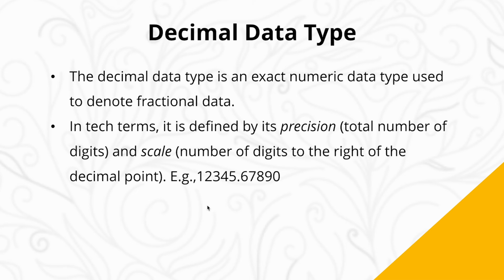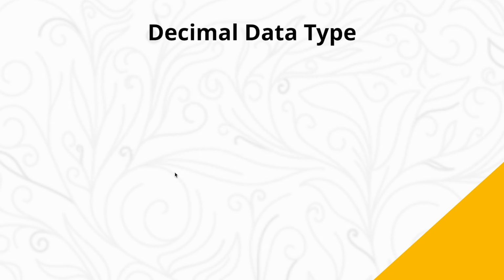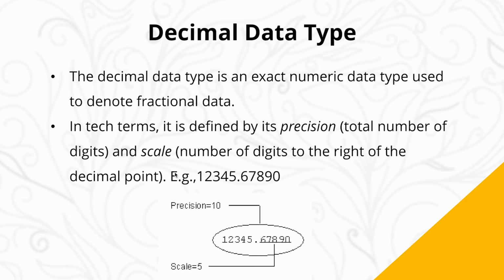So in this case, the precision is 10 and the scale is 5. So there are 5 digits after the decimal point, while we have overall 10 numbers in this exact decimal data type. Okay, and the decimal data type has the following characters.